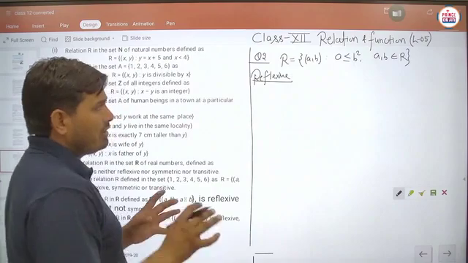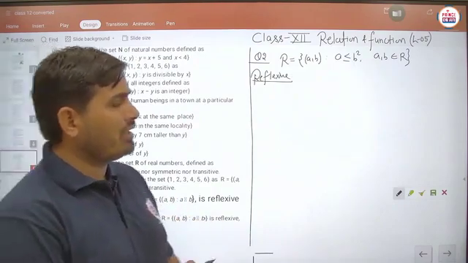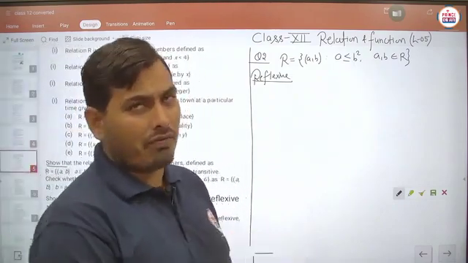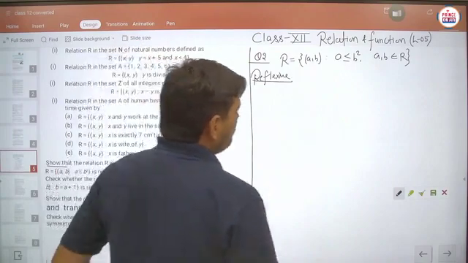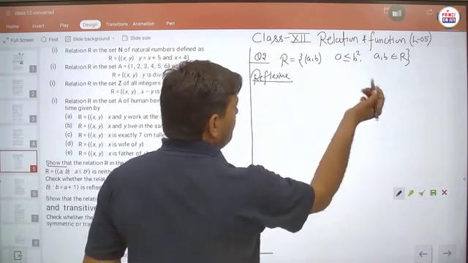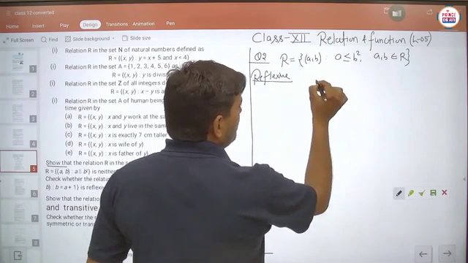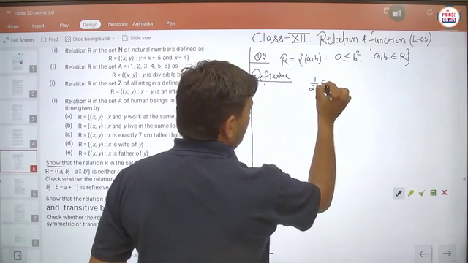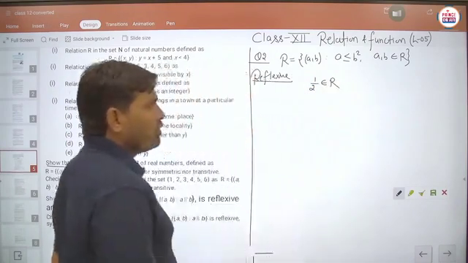The very important question here is how we will check whether it is reflexive or not. Suppose we take any real number, say 1 by 2 belongs to R, because we are taking any real number.